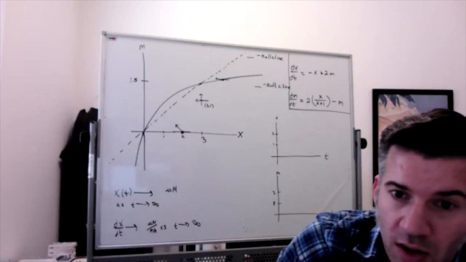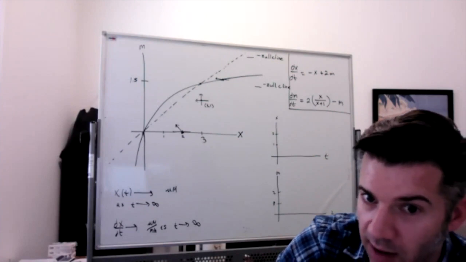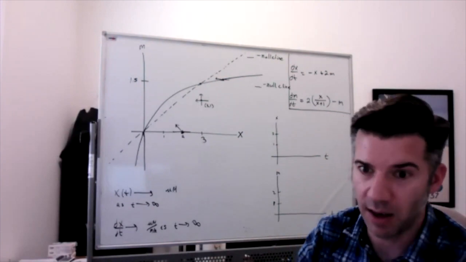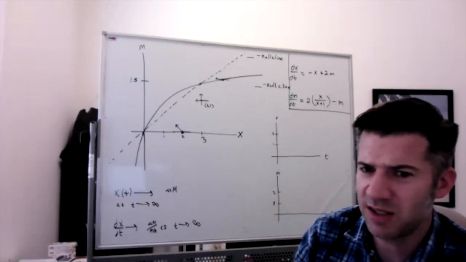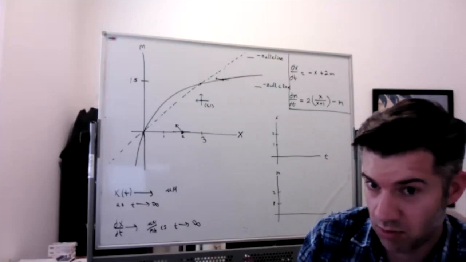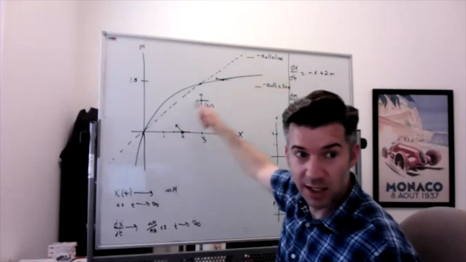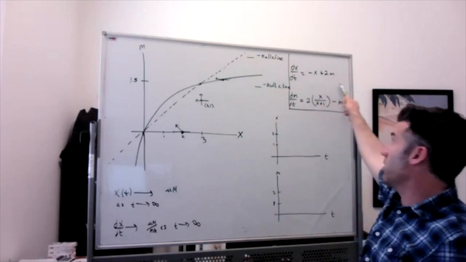So we were asked to do a few things with this system of equations and graph. The first question was to properly label the X nullcline, the M nullcline, and the steady states. It's interesting because, at least on the quiz I'm looking at, he tells us what the steady states are. This dashed linear line has clearly got to be the nullcline that goes with this equation.